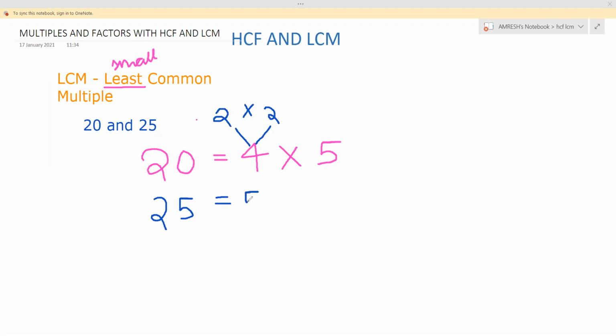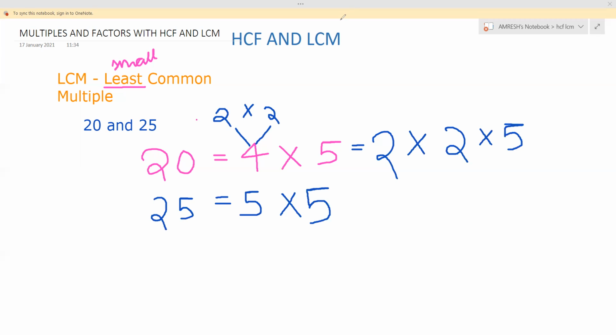This is a prime factorization method, but not as good as the method I have told you. You just think of the common factor. The common factor is 5. Divide by 5 and you will get the answer. But try this one also. Now 5 into 5, and this is 2 into 2 into 5.